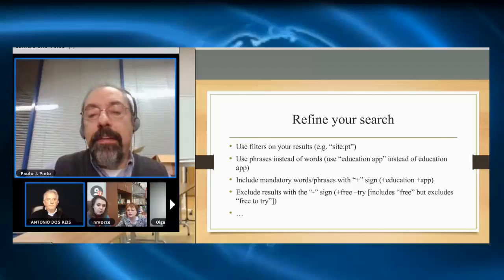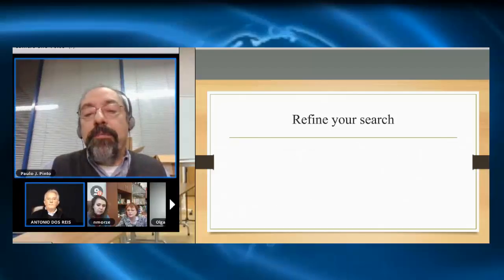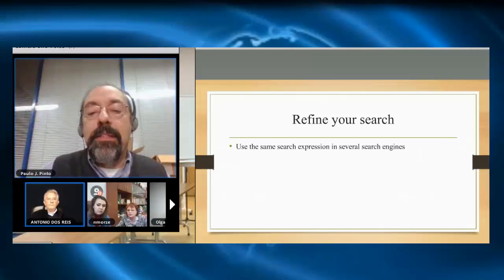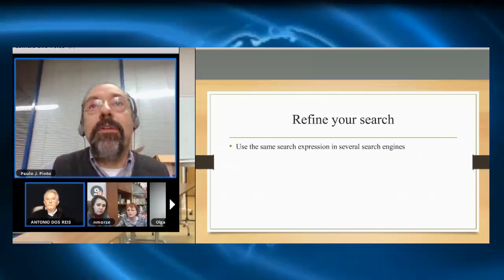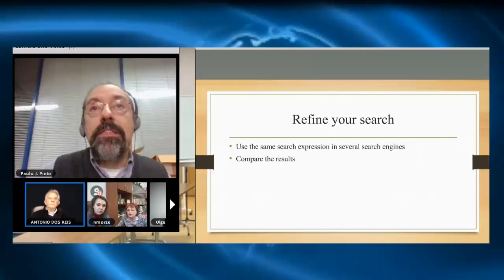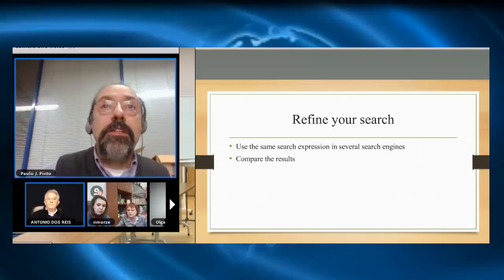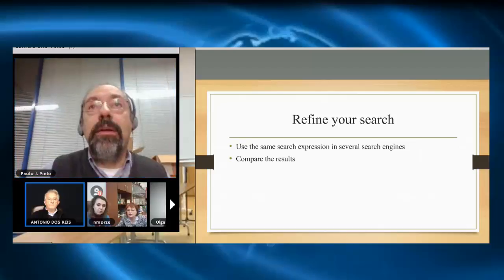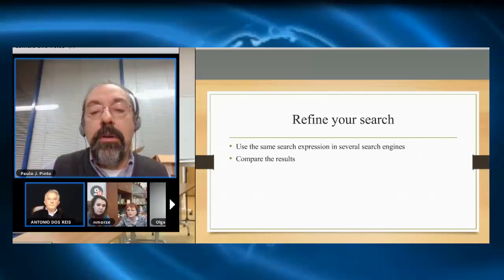And of course, use the same search expression in several engines. So you know that you are looking for the same thing in several engines. Compare the results, see what are the first pages of each one, and gather what you think is more important.